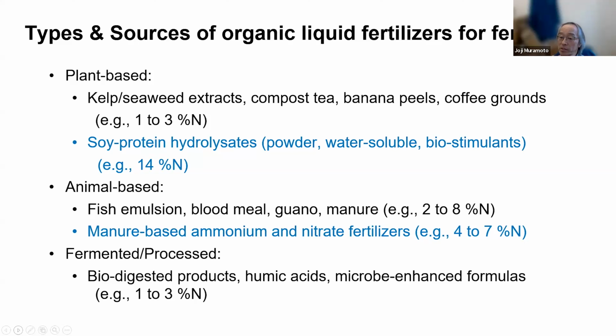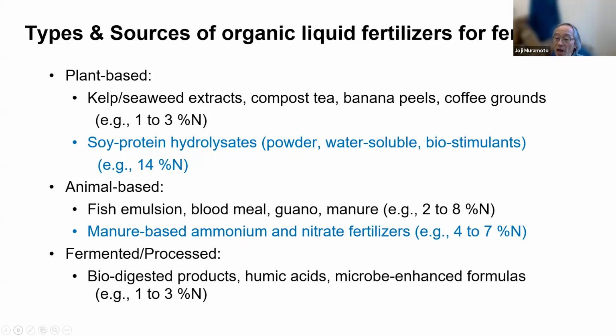It's completely dissolved in water. And the nitrogen content is pretty high, 14%, and that's available commercially. And not only does it work as a nitrogen fertilizer, multiple peer-reviewed papers indicated that this can also work as a biostimulant. So that's kind of an interesting product, a relatively new product.